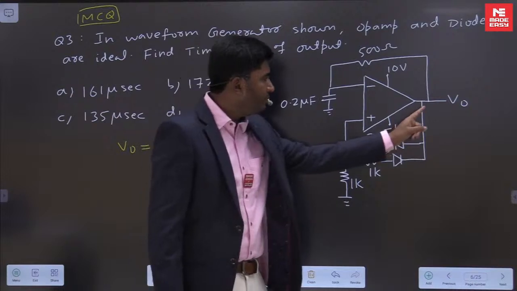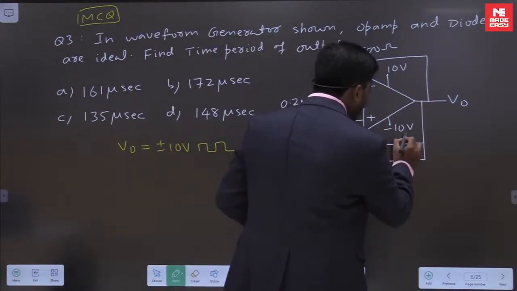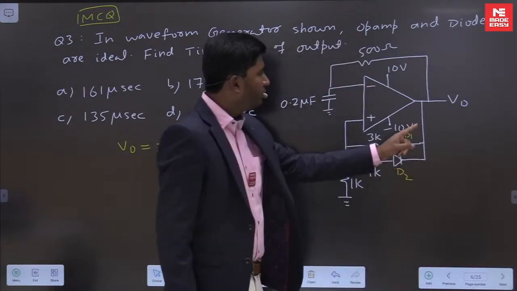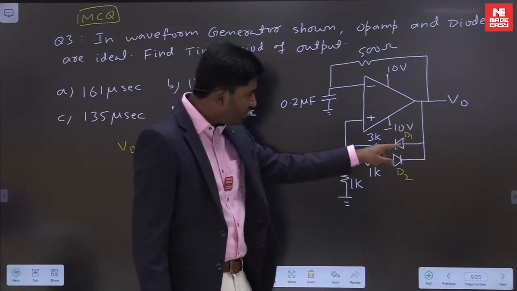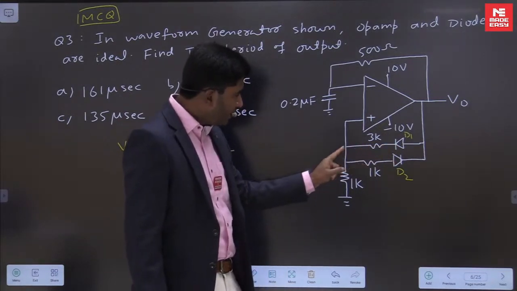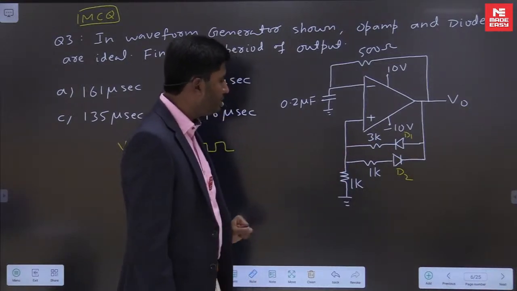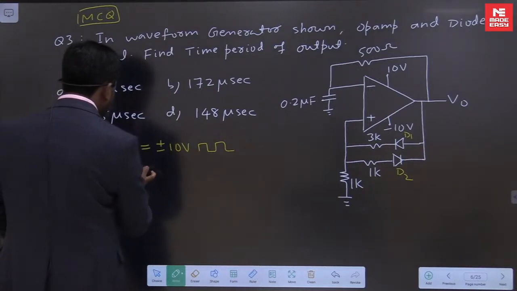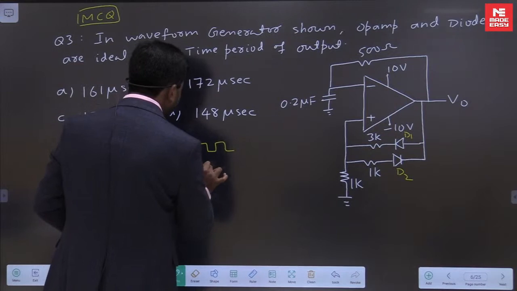Now when output is plus 10, this upper diode, if I call it D1, will be on. When D1 is on, that 3K and 1K form a voltage divider, and I can calculate the upper threshold. If V0 equals plus 10, then diode D1 is on.